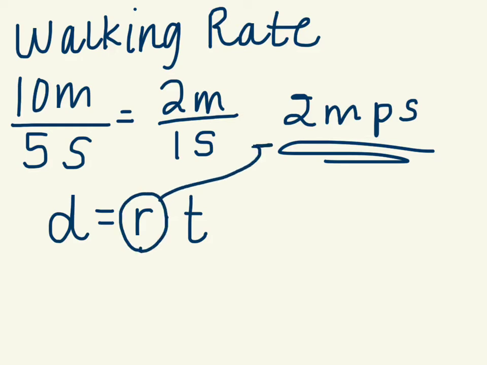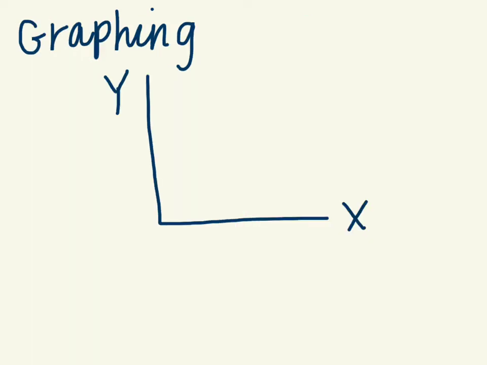The rate is 2. So my equation that I would use to model this example would be D equals 2 times T. Knowing the rate, I could find the amount of time given a distance, or I would be able to determine the distance given any amount of time. So that's just a recap from what we did on Tuesday and Wednesday in class.